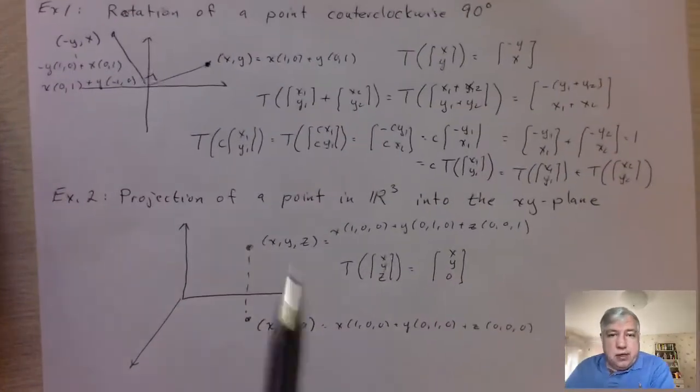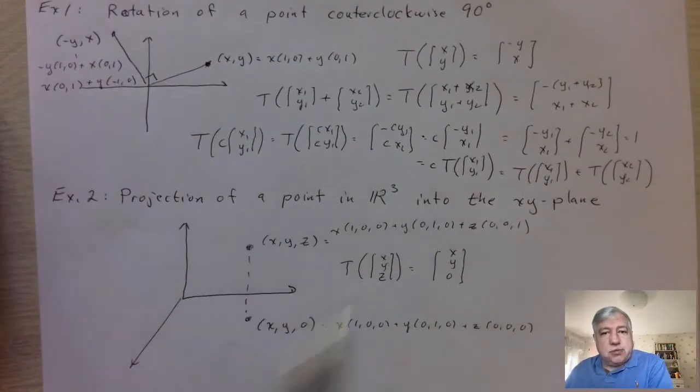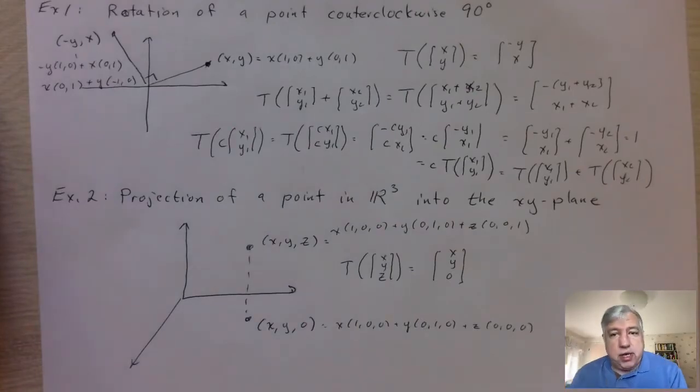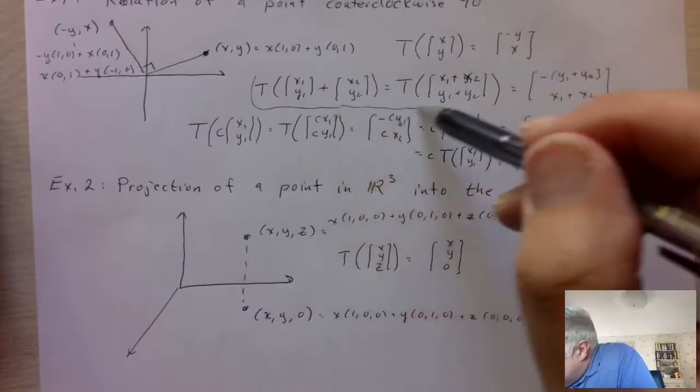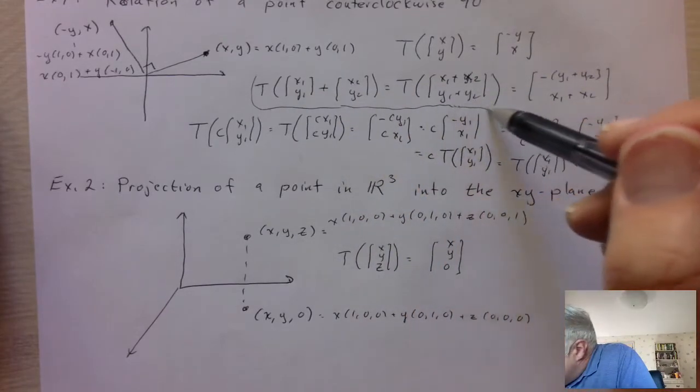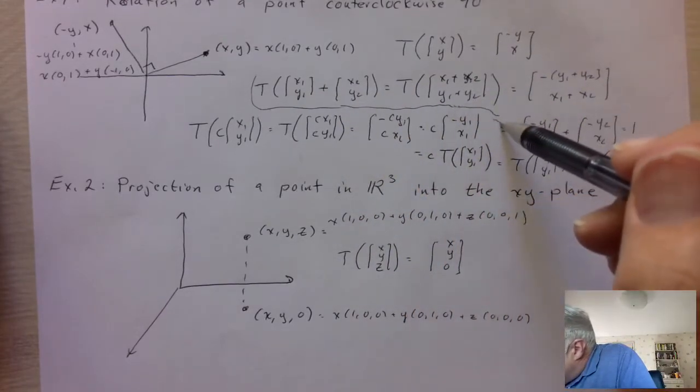Okay, so this preserves scalar multiplication. Sorry, I made this a little messy, but hopefully you can see this.